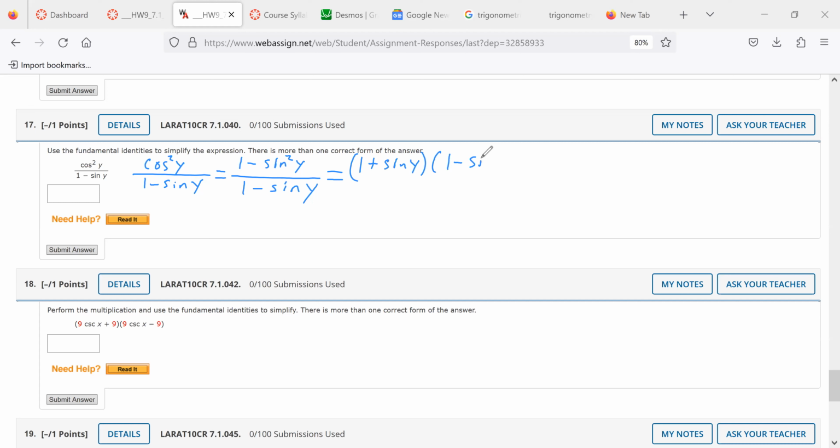Now we have one that's exactly the same. So this is more simplified, right? Yes.